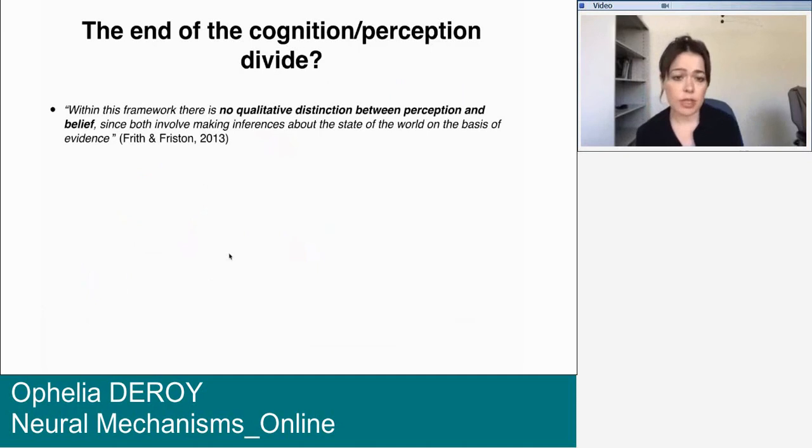This is from Chris Frith and Friston, so from the neuroscience side, who note in their 2013 paper that within this framework, referring to predictive coding, there is no qualitative distinction between perception and belief, since both involve making inferences about the state of the world and taking into account evidence.